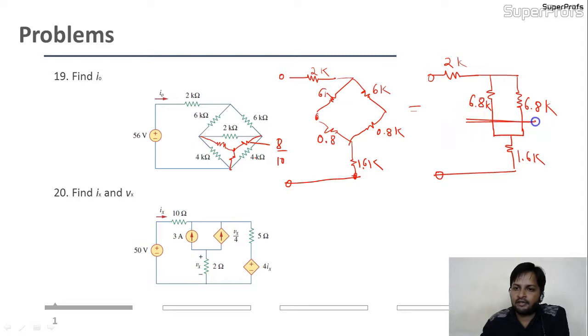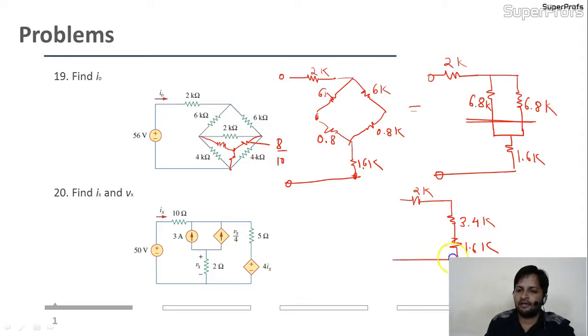This 6.8 and 6.8 are connected in parallel, so the new circuit will be this 2K, the resultant of these two will be 3.4K, and this is 1.6K.